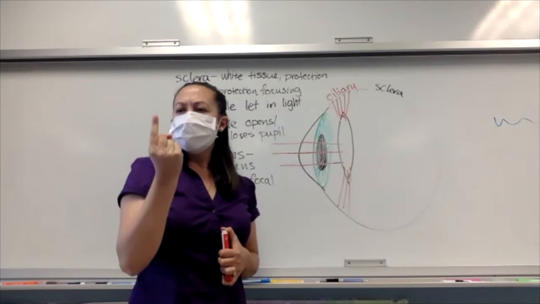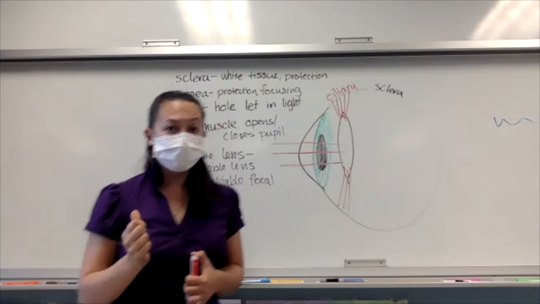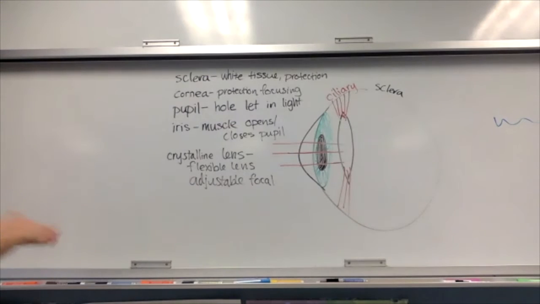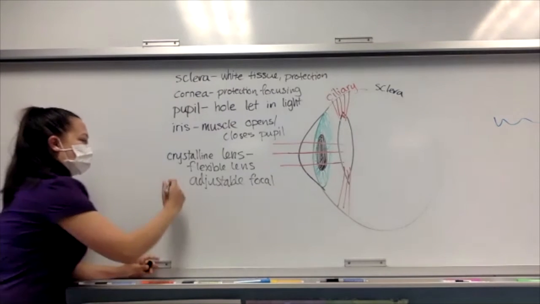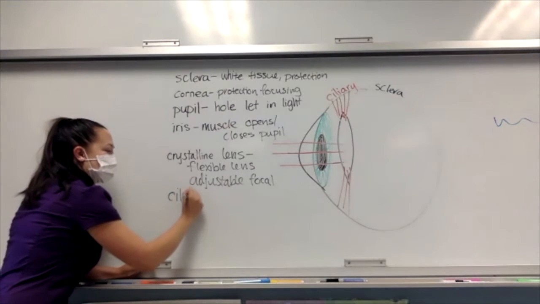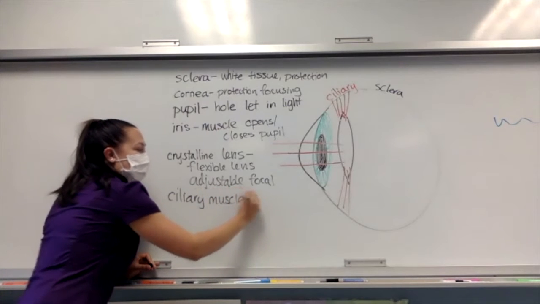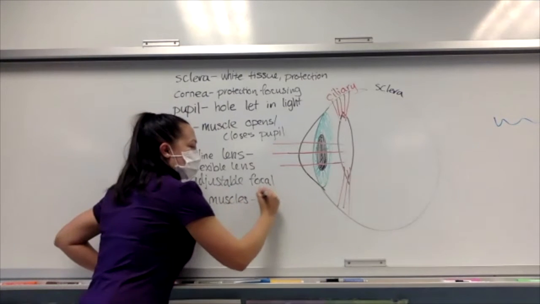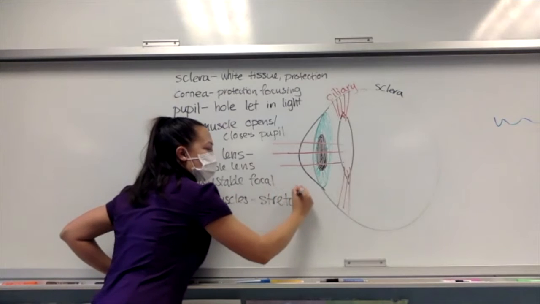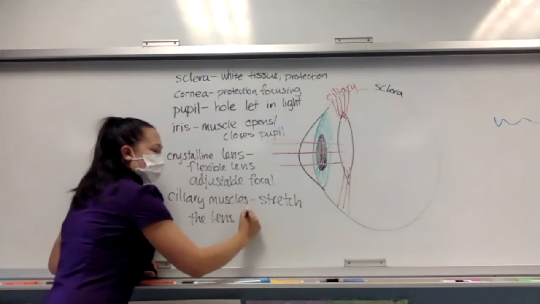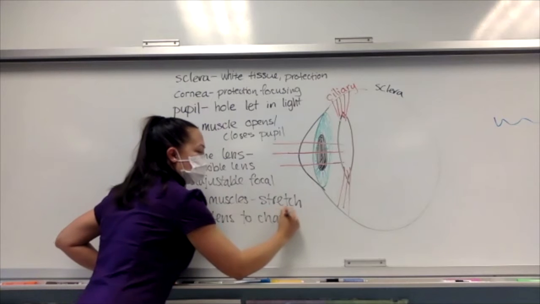Those are your ciliary muscles changing the focal length of your lens. So their job is to flex and relax. And when the ciliary muscles flex and relax, they stretch the lens to change its focal length.